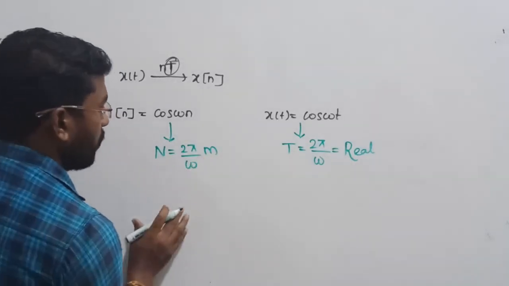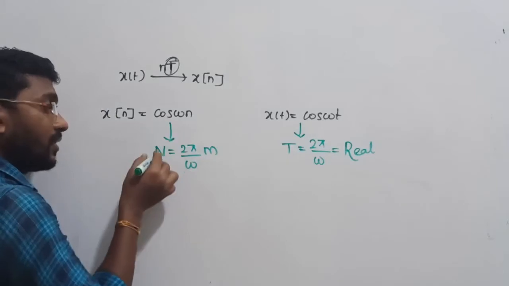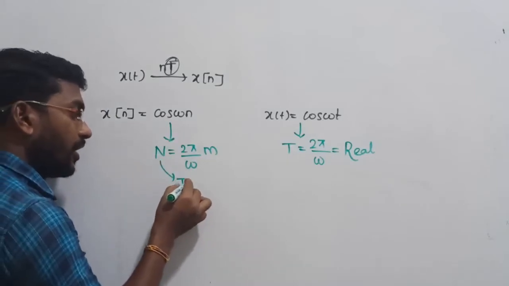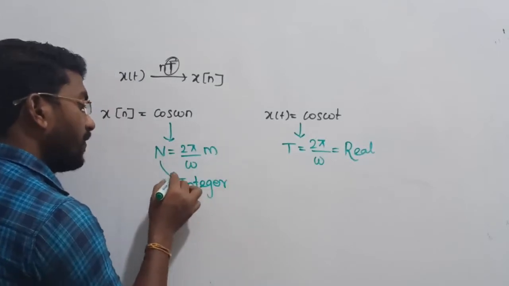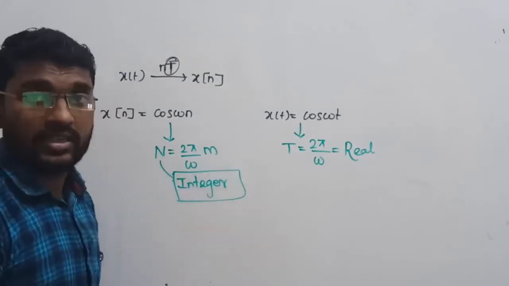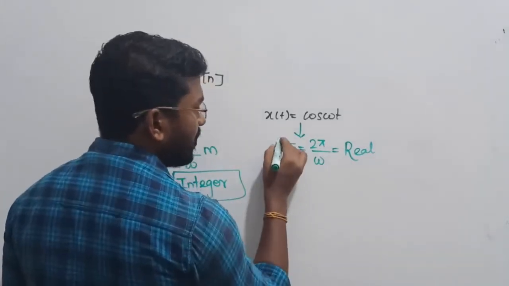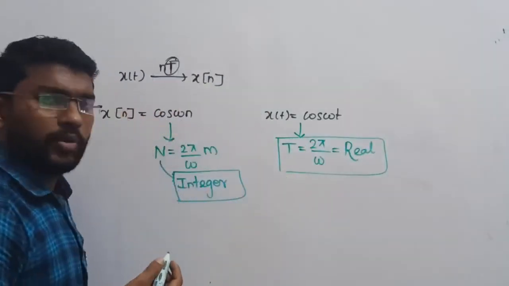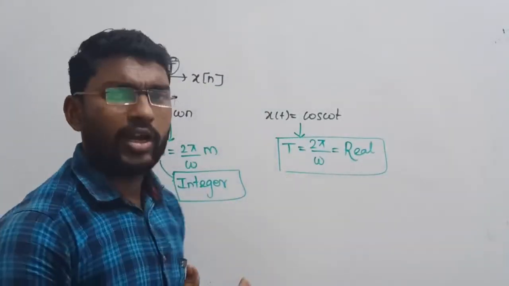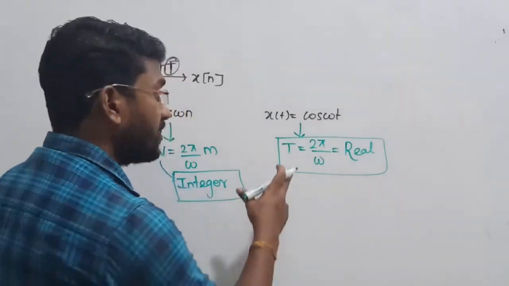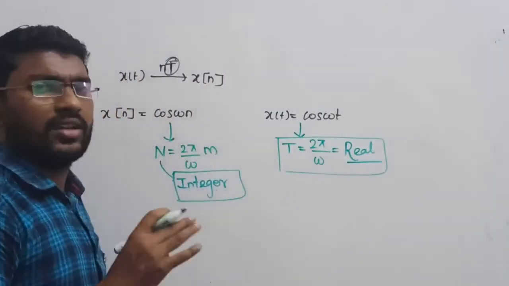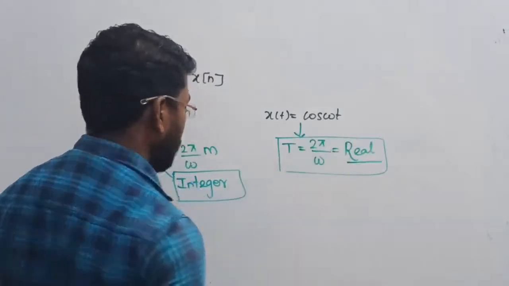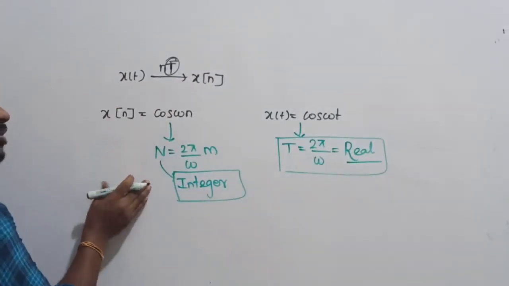But right now remember the conclusion: in case of the discrete domain, the value of time period will always be an integer, whereas in the continuous time domain it does not matter whether your time period is an integer or some value like root 2 pi. Any value can be considered in time domain, but it has to be a real number. You cannot consider imaginary things at all. It has to be a real number, whereas in the discrete domain it has to be an integer.